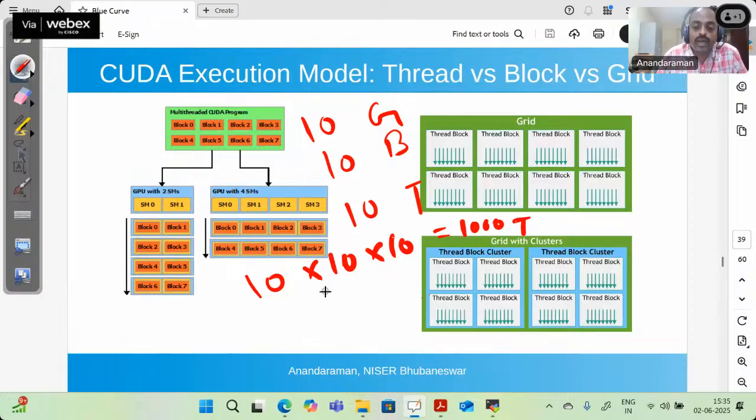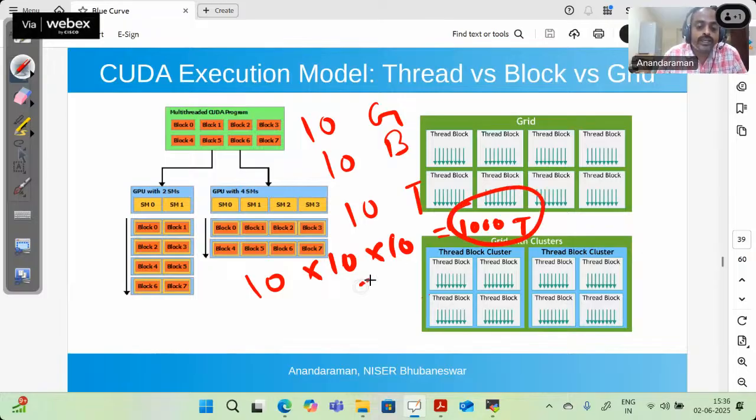So you have to have a thread id and block id. Through thread id and block id only, I can specify this. For example, how will I do the naming convention for all 1000 threads?